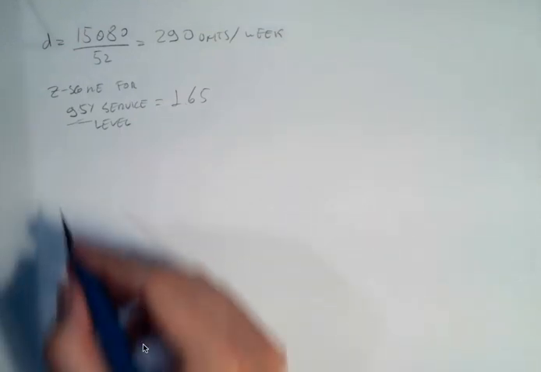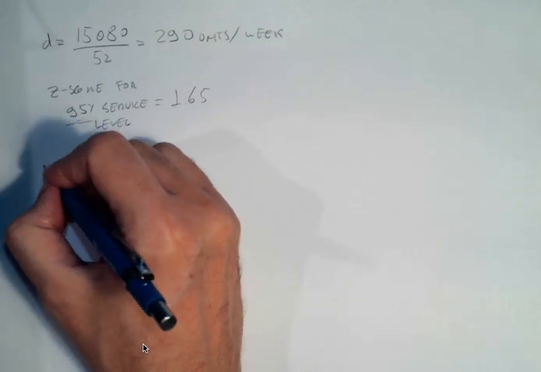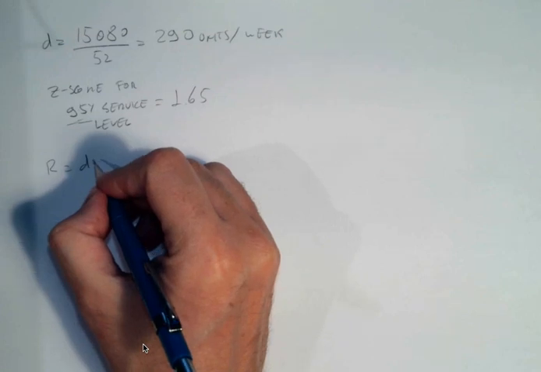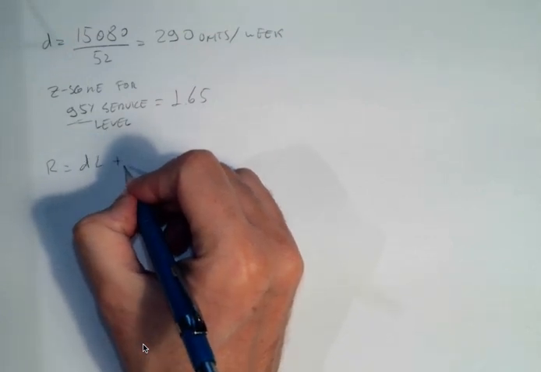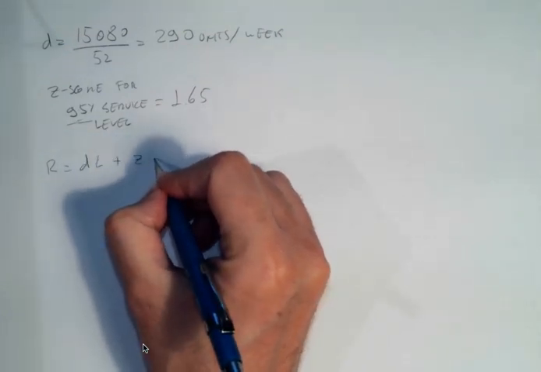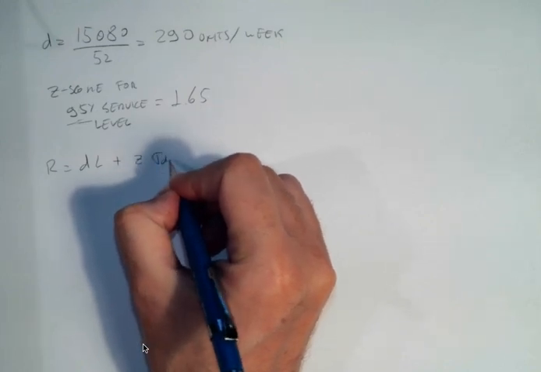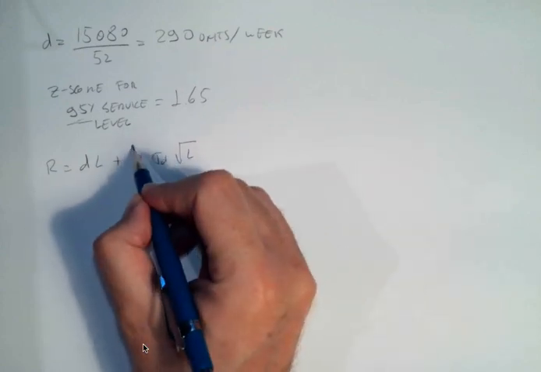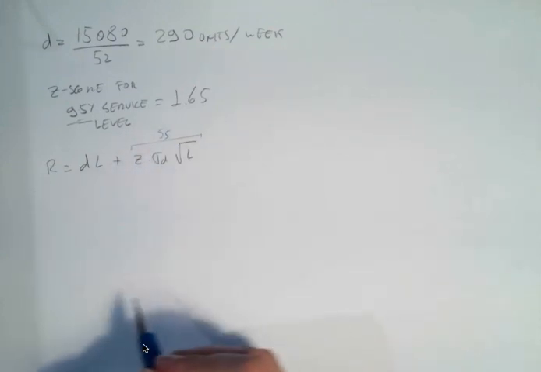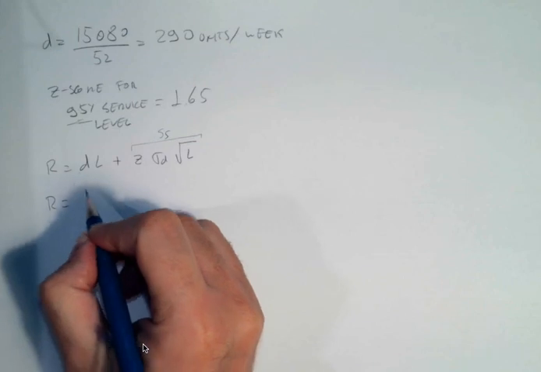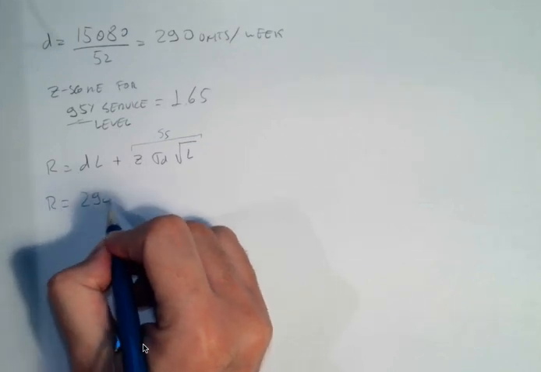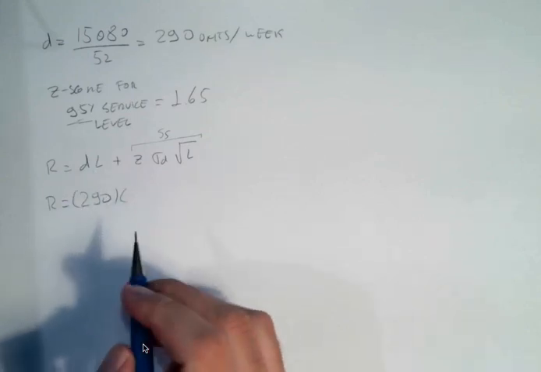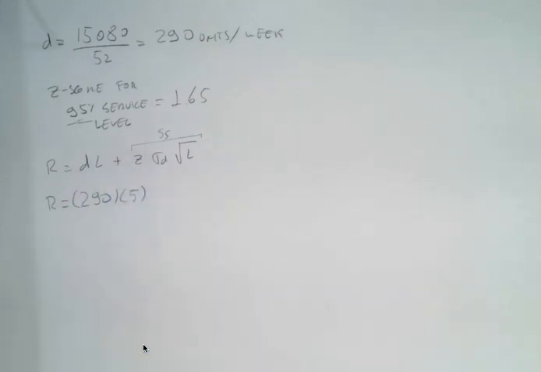Okay. So to calculate our reorder point, the formula is the weekly demand times lead time plus the safety stock, which is z times standard deviation of the demand times square root of L. Okay, so this is safety stock, right? So R will be the 290, which is the weekly demand, times the lead time, and in this case the lead time is 5 weeks.